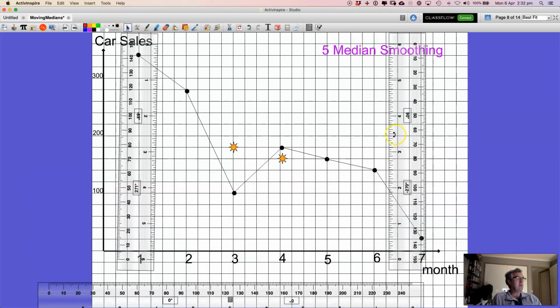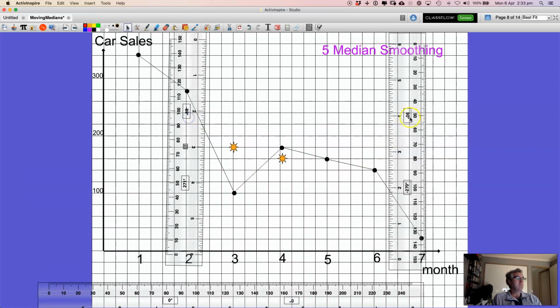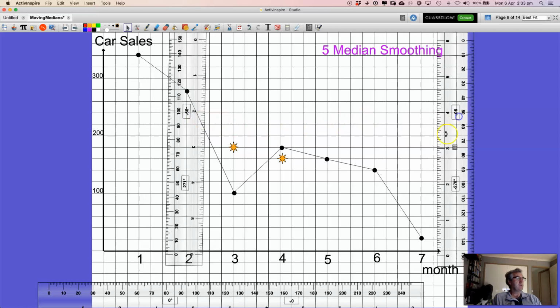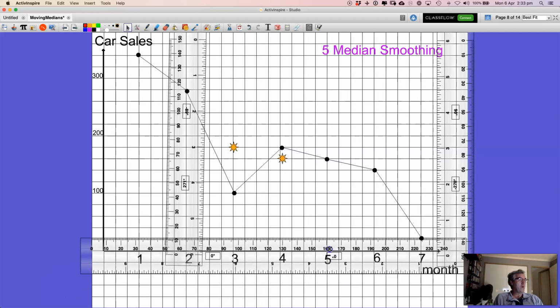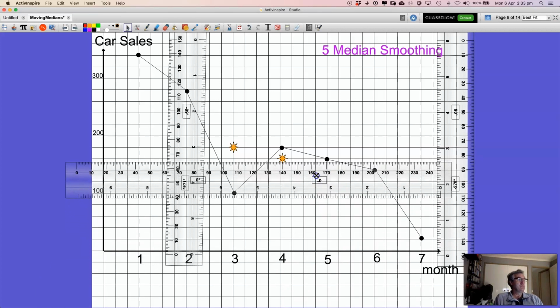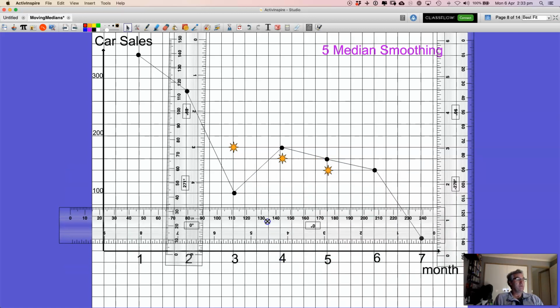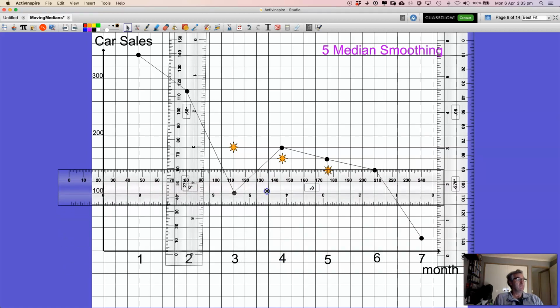Move again across 1. Right. And again, with the other ruler, move our way up. 1, 2, 3, and stop. And the median here is right there. 1, 2, 3.